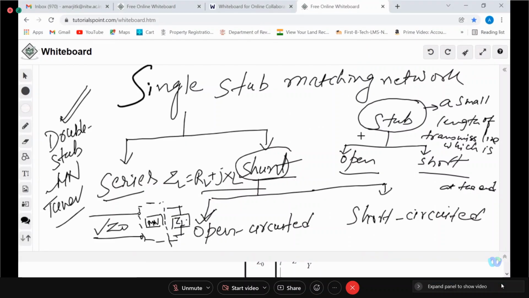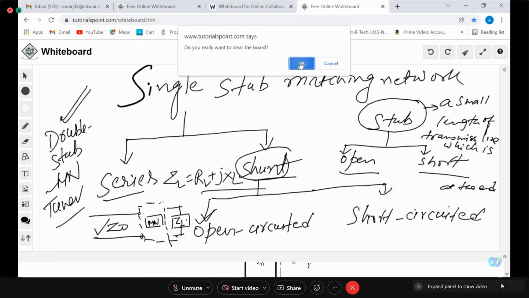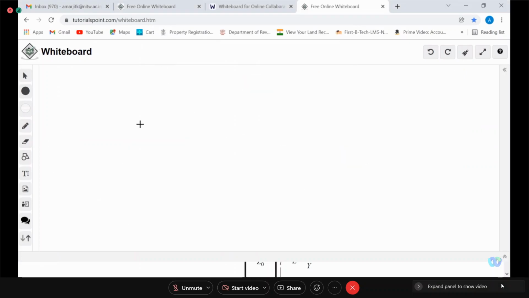So in this case, basically, what we have to find: make the circuit. Here we have the transmission line, and here we have the load.